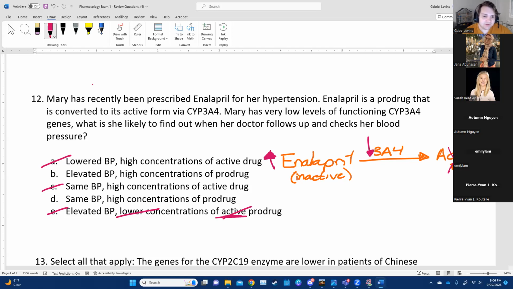So the question becomes, would she have the same blood pressure that she had if she never took the drug, right? Because it's basically like she just took a bunch of water or she swallowed a bunch of flour. Or would her blood pressure suddenly spike above what it was previously? Same blood pressure. Exactly. Remember, inactive drugs do not have an effect on the body.